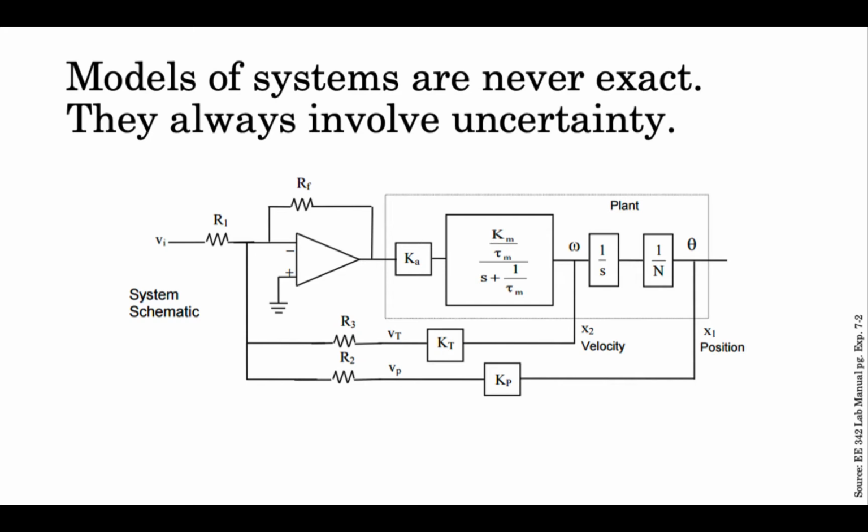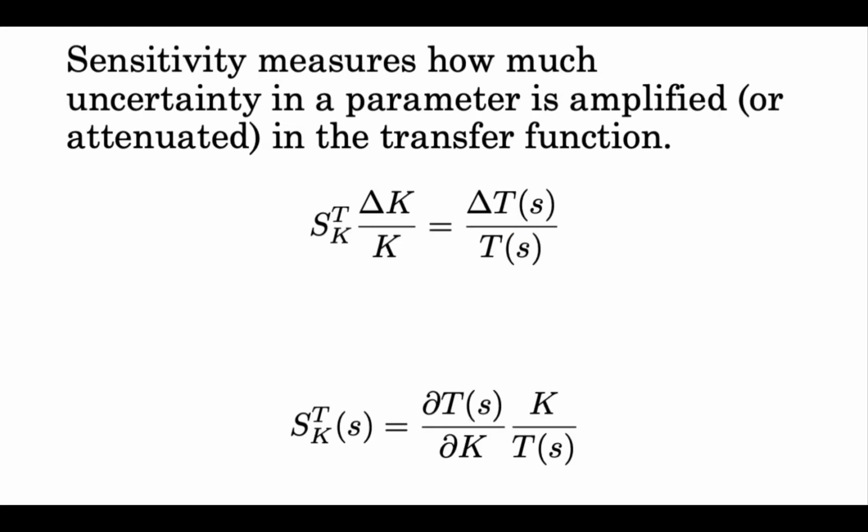That's what I want to talk about today. So, one way to quantify sensitivity is how much uncertainty in a subsystem affects uncertainty in the mother system, in the larger system. Or you could go all the way down to the parameter.